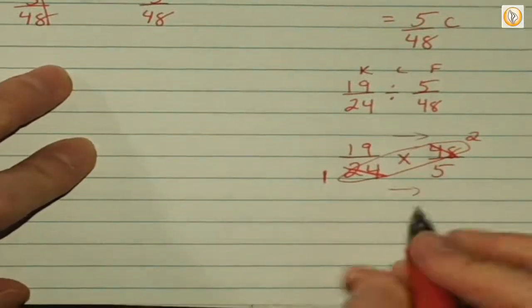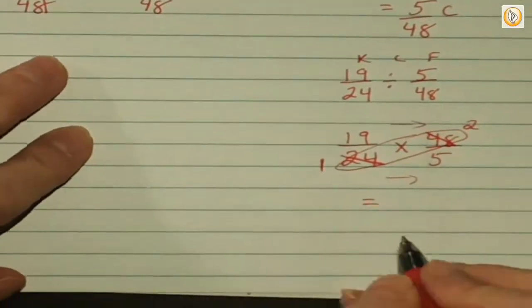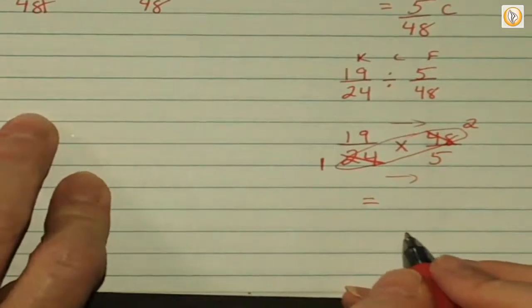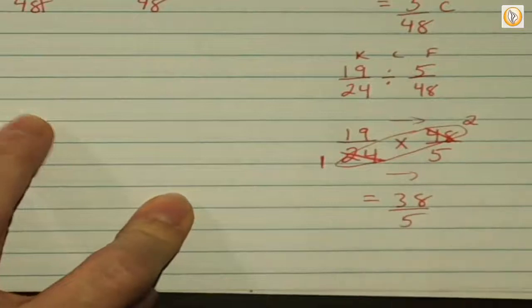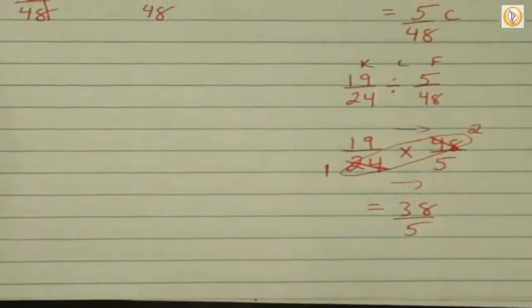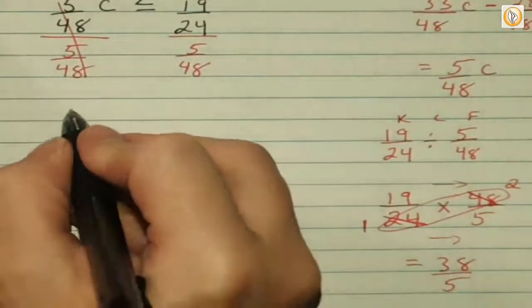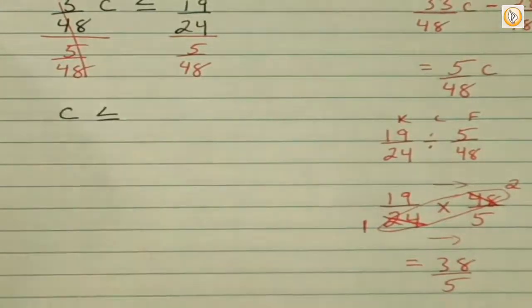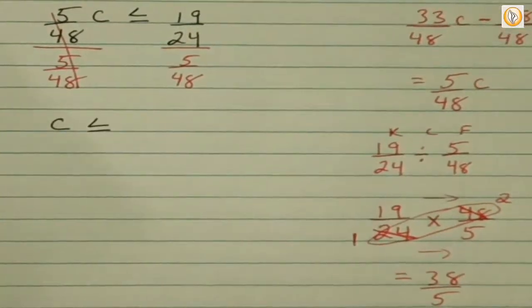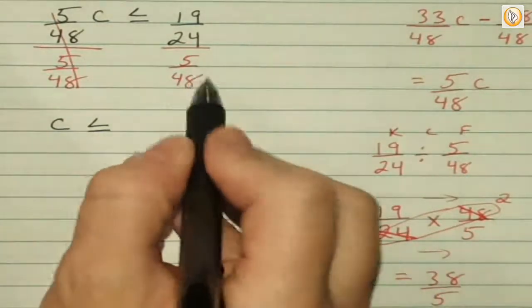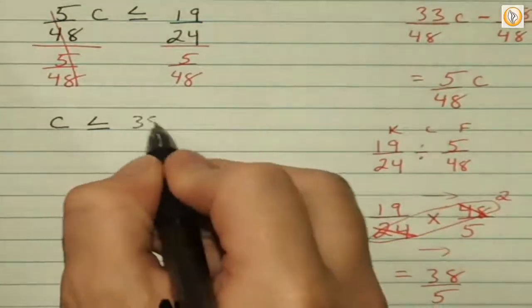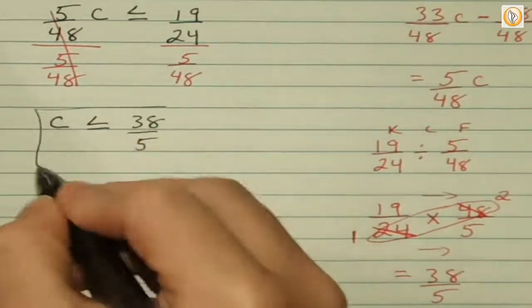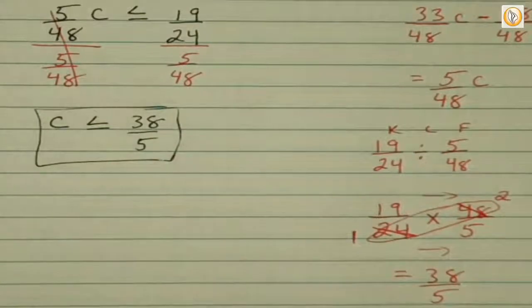Now we multiply across, and what do you get? 38 over 5. So my answer is c is less than or equal to 38 over 5. We didn't need to flip this sign because we weren't dealing with negatives. This is not a negative, so we didn't have to flip it. That was a lot of work with fractions.